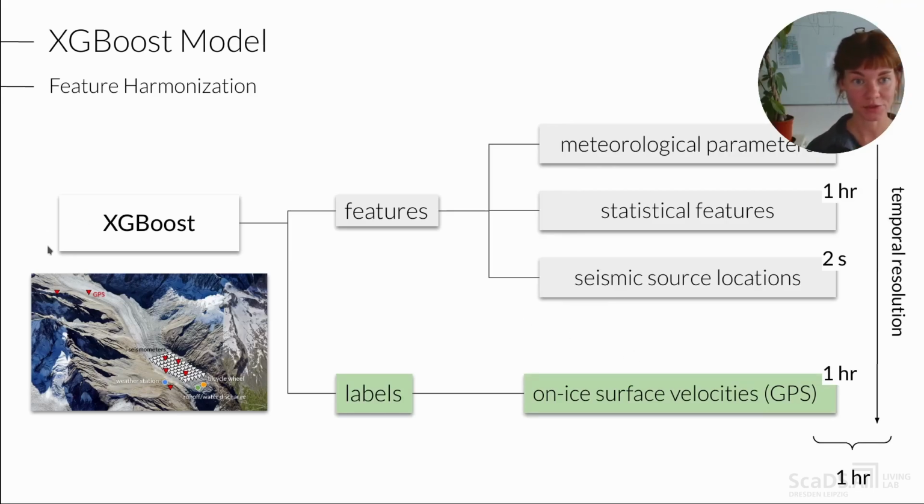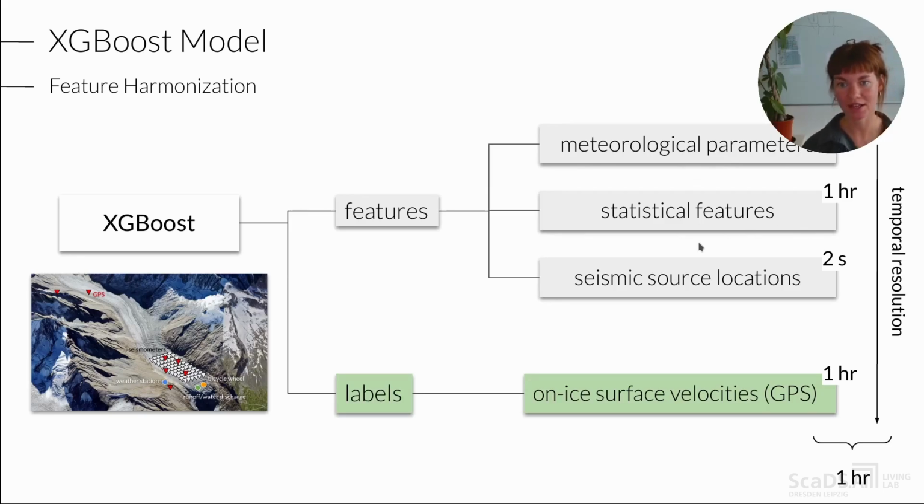Okay, and as I said in the introduction, we have a multi-scale problem here, and what I mean by that is that all our features and also the label have different temporal resolutions. So the meteorological parameters are sampled at a 10-minute interval.